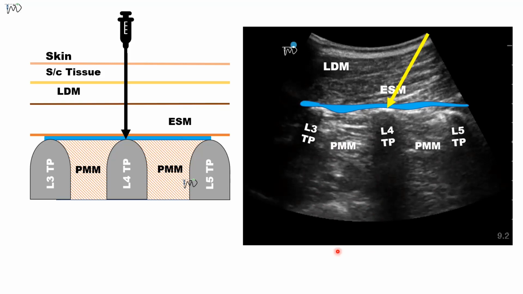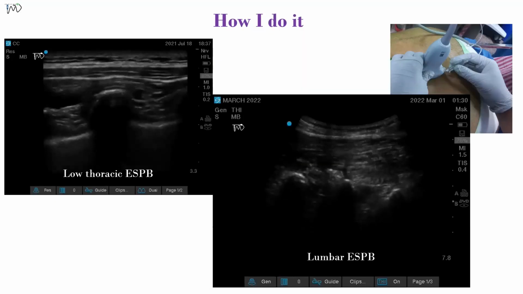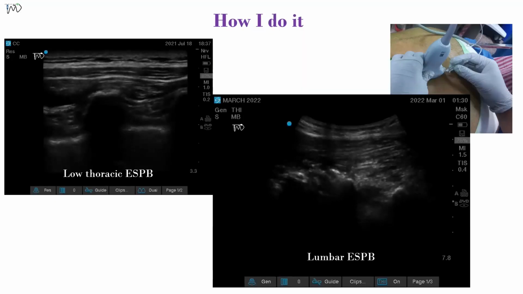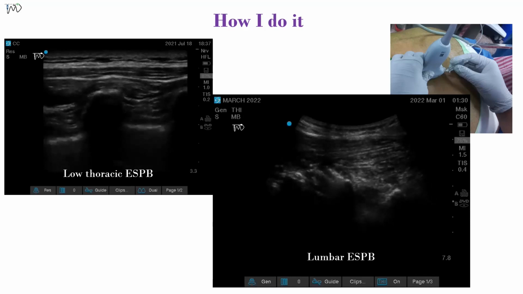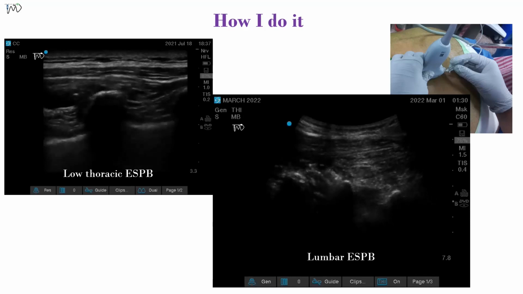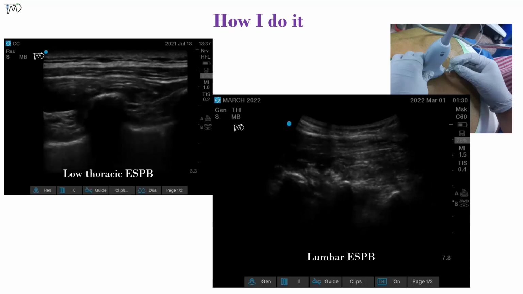For thoracic area, it is around 3.5 ml per vertebral level. Low thoracic or lumbar erector spinae plane block can be performed either in lateral or in prone position. In plane or out of plane technique can be used.